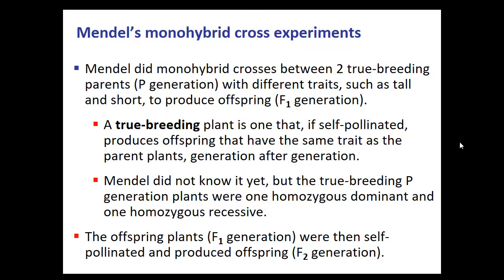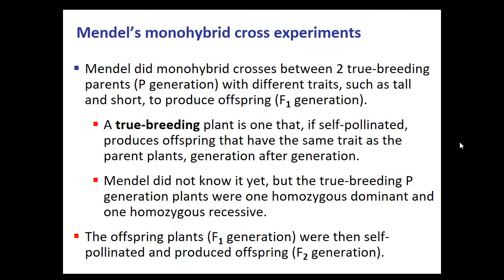So if you cross this with itself, you're going to get big Y again. Same thing with the little y plant. If you cross this plant with itself, you're going to get little y offspring, little y the next generation. So these are going to be yellow every generation. These are going to be green every generation. That means they're true breeding. We now know that's because they were homozygous.